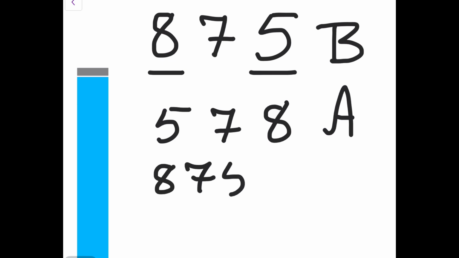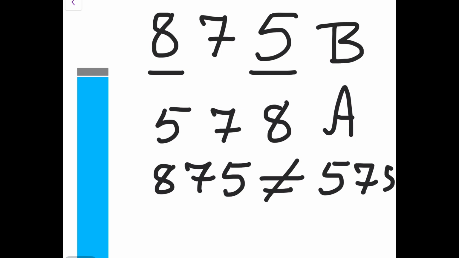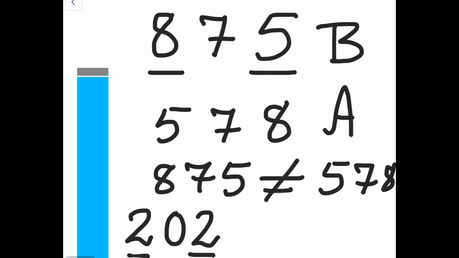That means if we shift the digits of a number, we will end up in a new number. But this may not be true all the times, because if you take the example 202 and if you shift the first and third digits of this number, you will always get the same number.